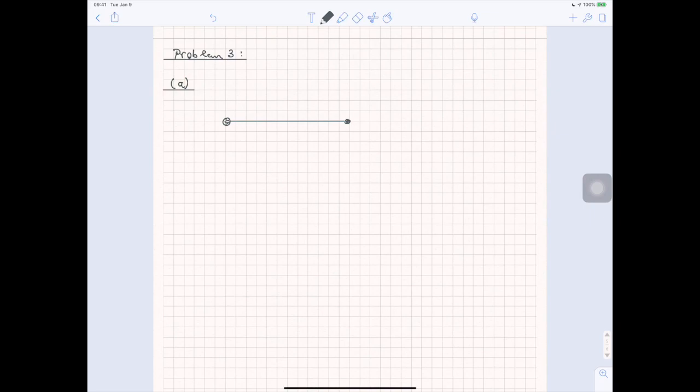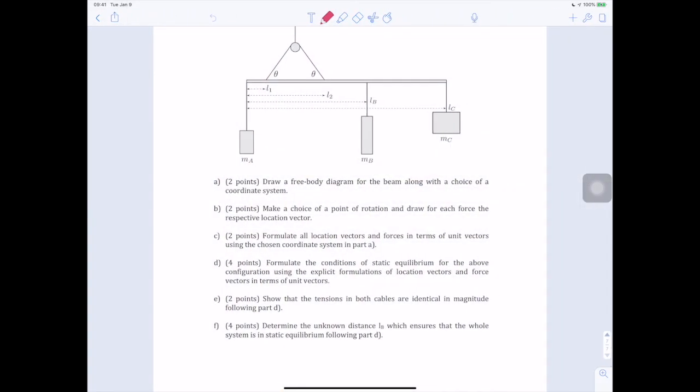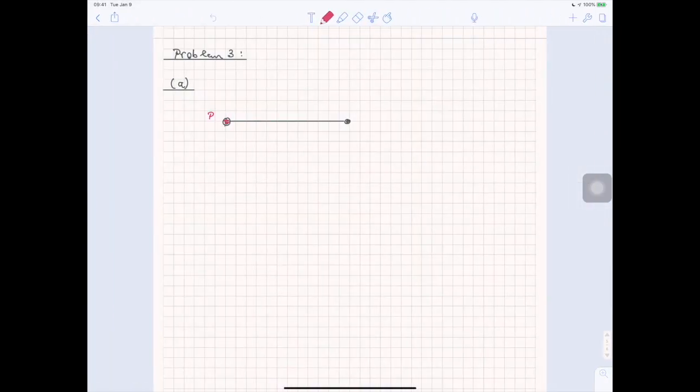So this is your beam here. This is your chosen point of rotation. Let's go back to the labels here. So this was A, B, and C. Okay. All right, so then we have here FA, then we have somewhere FB, and somewhere FC here.